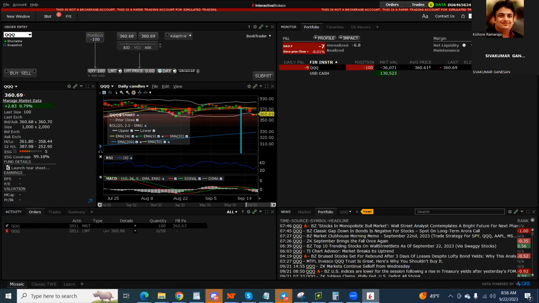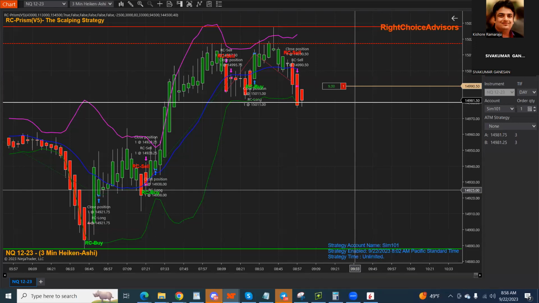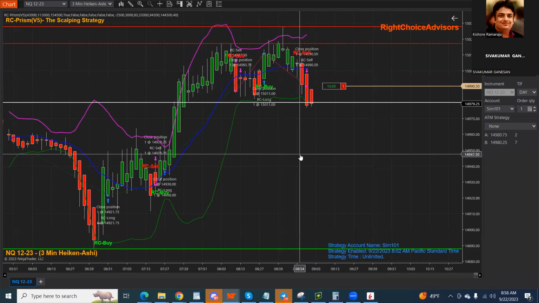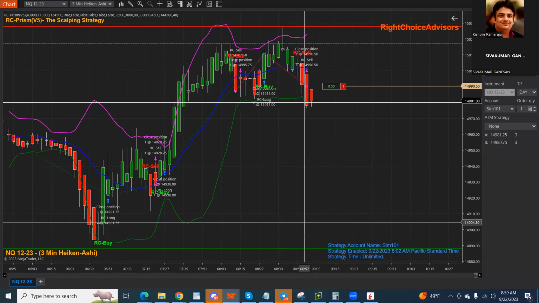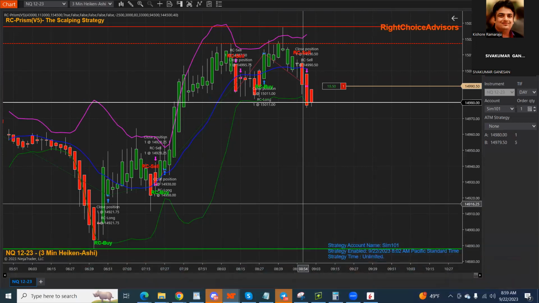Right, you can see how it went from green to the top and then it started coming down. Right, your puts, whatever puts we took, they are in nice profits.